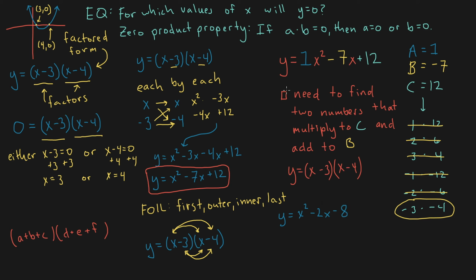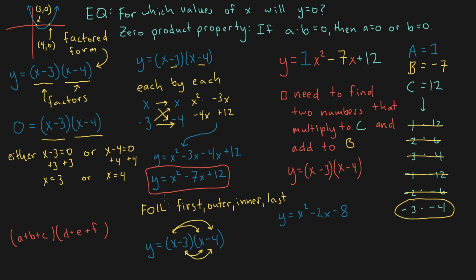So now, looking back at this rule up here, or these directions, so to speak, we need to find two numbers that multiply to C, or multiply to negative 8, and then we also need to find numbers that add together to B. So they need to be the same numbers that multiply to make C, or negative 8, and then add together to make B, or negative 2.